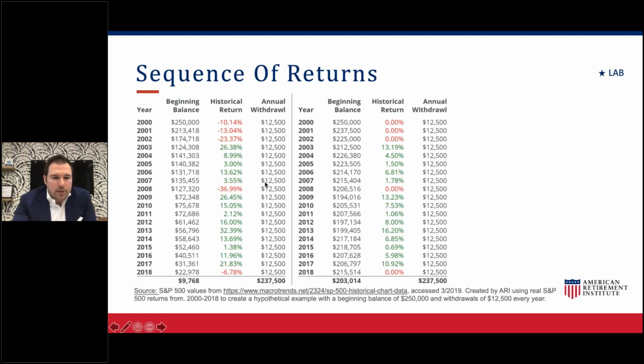If you withdrew that out every year, your ending balance would be $237,500. I'm sorry, your ending balance would be $9,768. And that's because of the tech bubble loss and that 2008 loss.